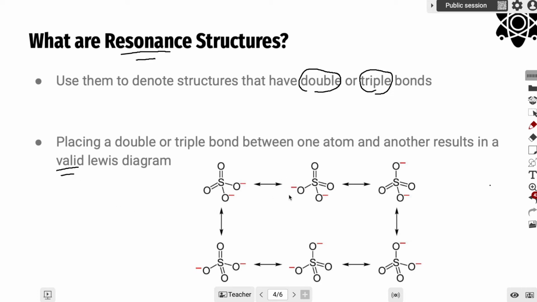So let's take a look at this diagram down here. For example, in this first one we see sulfur double bonding between this oxygen and this oxygen, right? Well, that would be the same valid diagram if we had this sulfur double bonding between this oxygen and this oxygen. Same with this one. You see here that the double bond is kind of switched around, right?